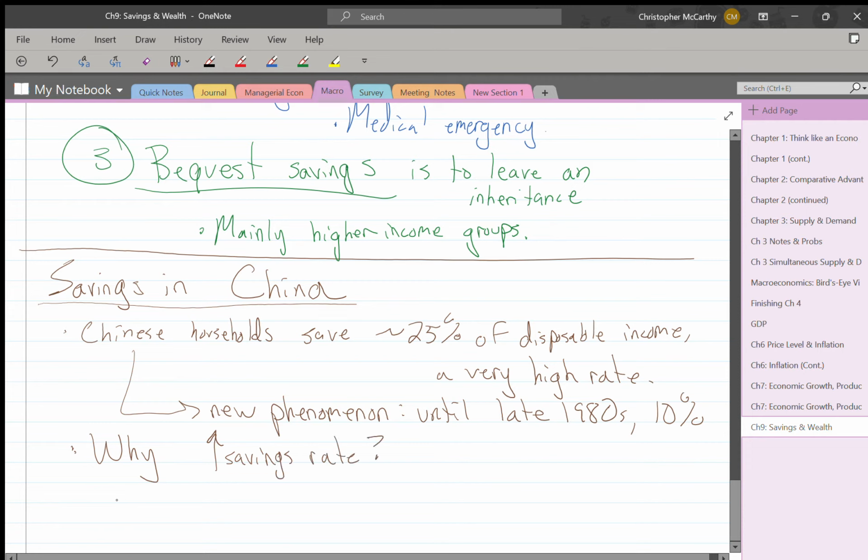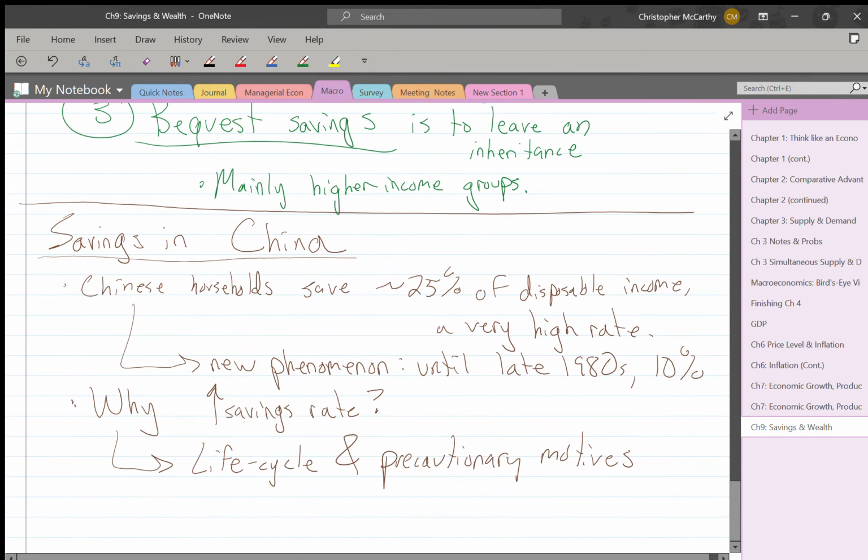Well, these life cycle and precautionary motives are really what's driving it. So wealth has only recently come to China.